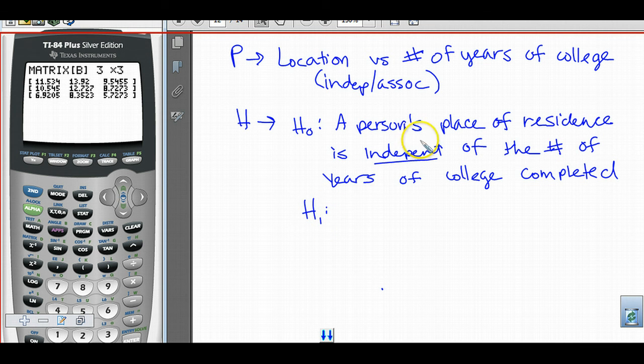My alternative is going to be the exact same thing, but it's going to be dependent.